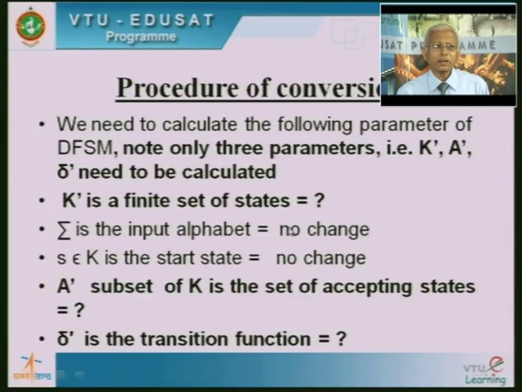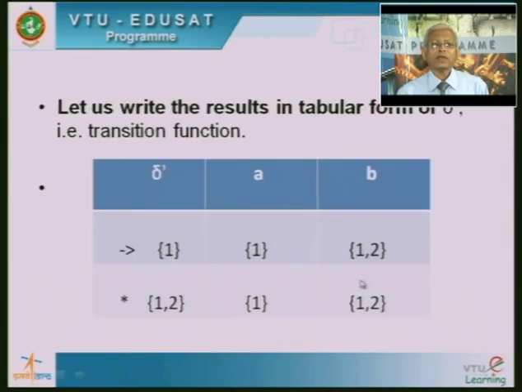Now, here you will have to see wherever the final state of the non-deterministic machine appears, all such states will become final states. Now, 1 2, here 2 is there, 2 was the final state of the non-deterministic machine, therefore, this becomes the final state. So, with these two, this is already translated.